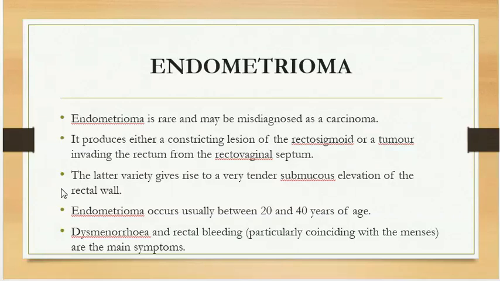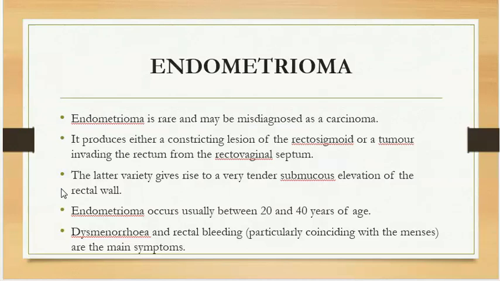It produces either a constricting lesion of the rectosigmoid or a tumor invading the rectum from the rectovaginal septum. The latter variety gives rise to a very tender submucous elevation of the rectal wall when it arises by invading from the rectovaginal septum.